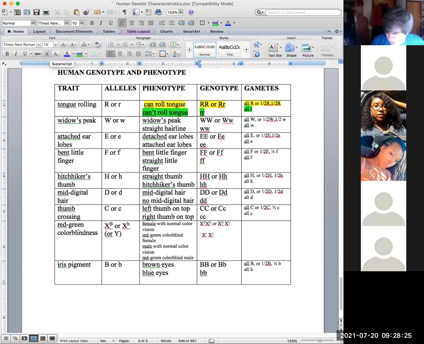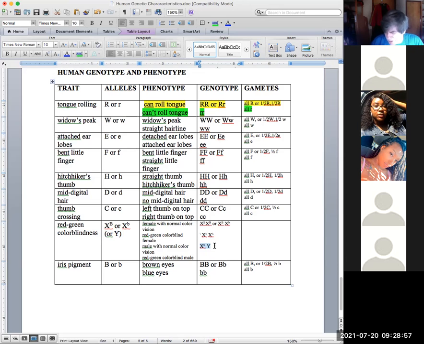Now, for a male with normal color vision first, he's X^B, but then for a male, his other chromosome is a Y. So notice we know his genotype exactly.